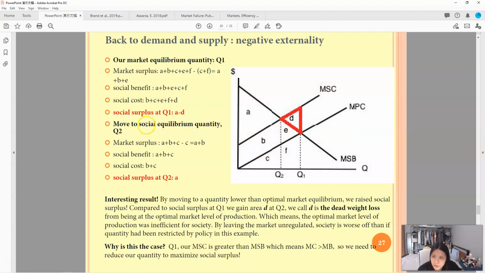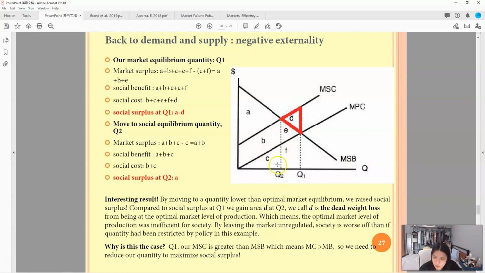And when we move to the social equilibrium quantity, that is where marginal social cost equals marginal social benefit, Q2.